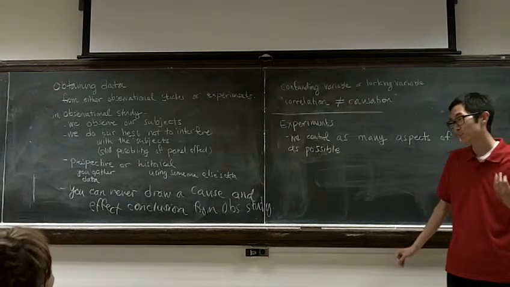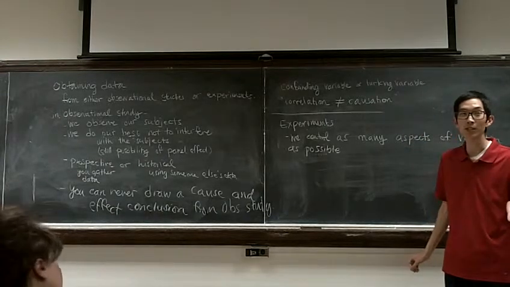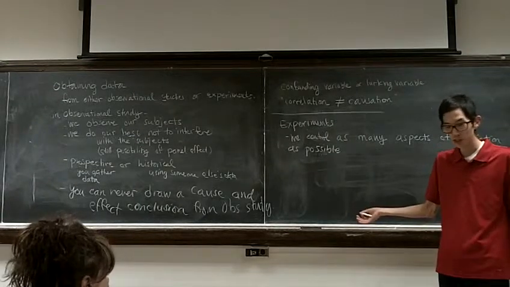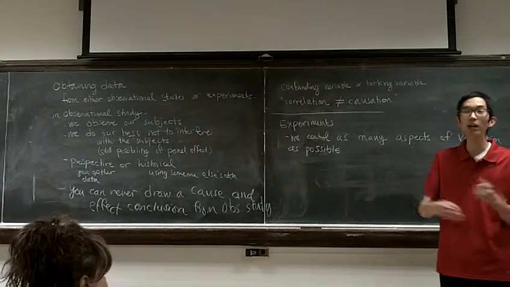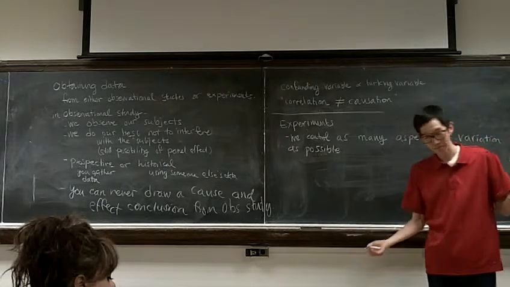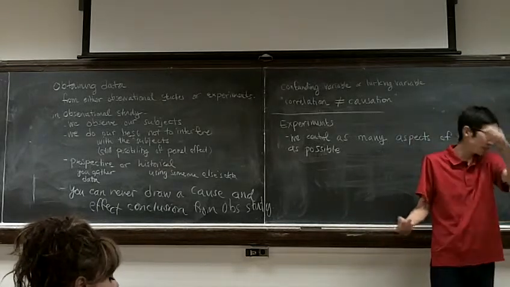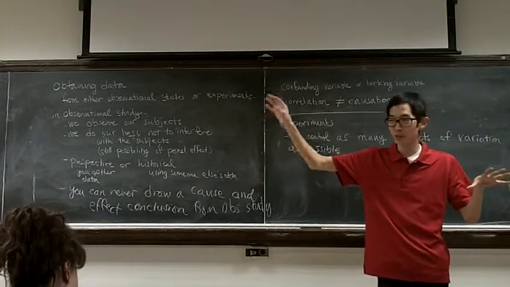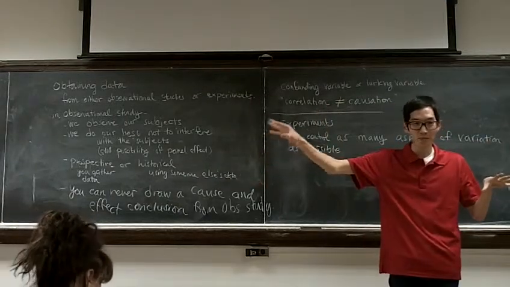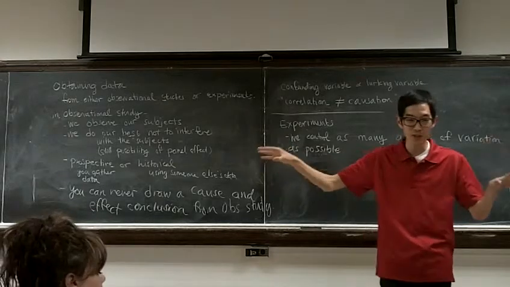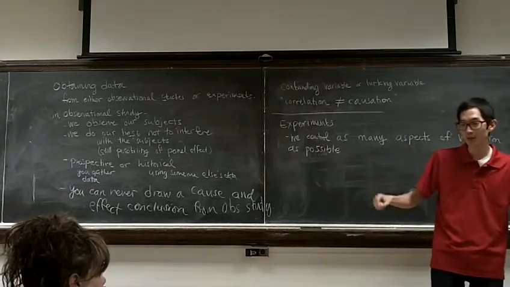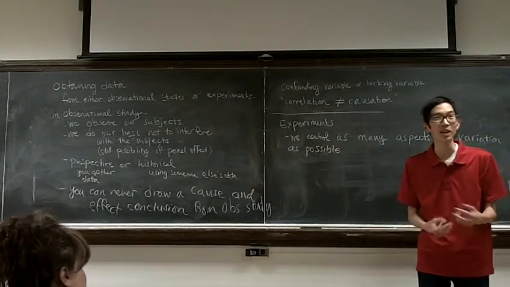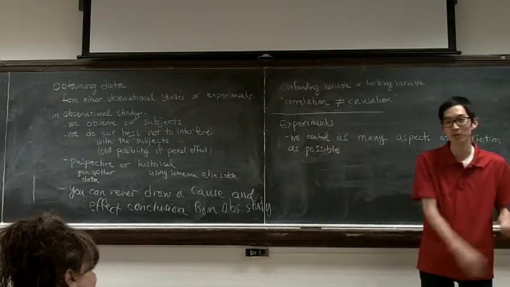Well, ideally, you could find a bunch of subjects and control all aspects of their life so that the only difference between this group and that group is that one group has blood pressure medication and the other doesn't. You want to be able to say both groups have an equal amount of stress, the same diet, the same exercise regimen, things like this.